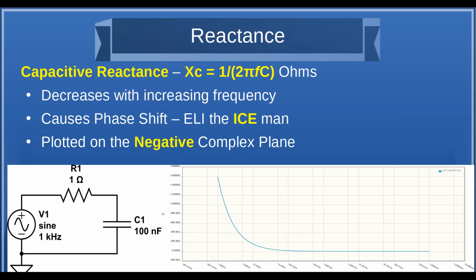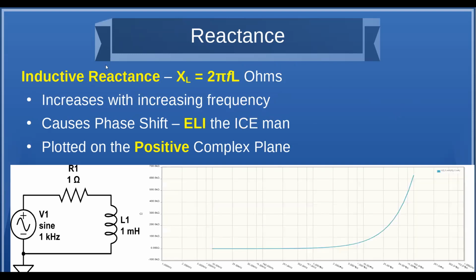We plot capacitive reactance as a negative on that imaginary axis, and we'll do inductive reactance on the positive side. It might be a little clearer later on when I can show you the plots, when we talk about impedance, which is the vector sum of resistance and reactance.